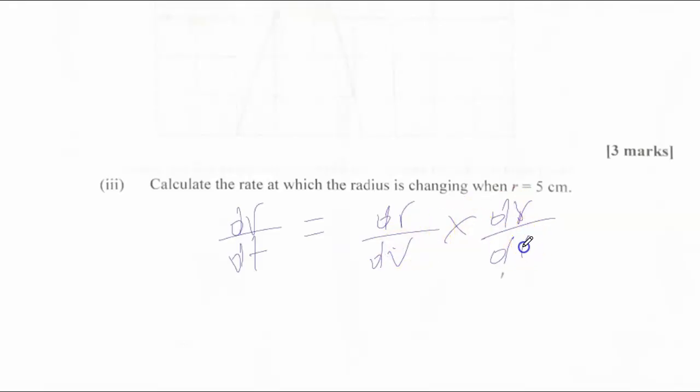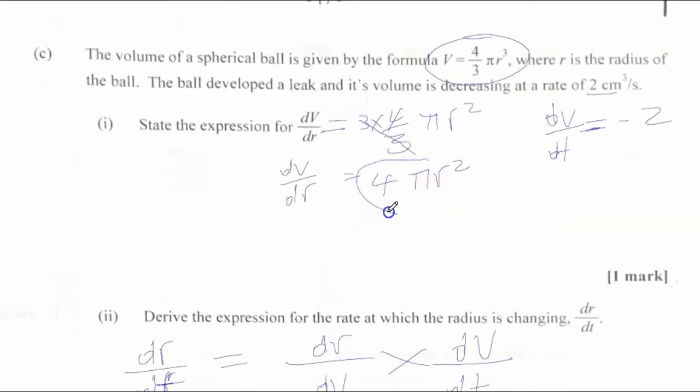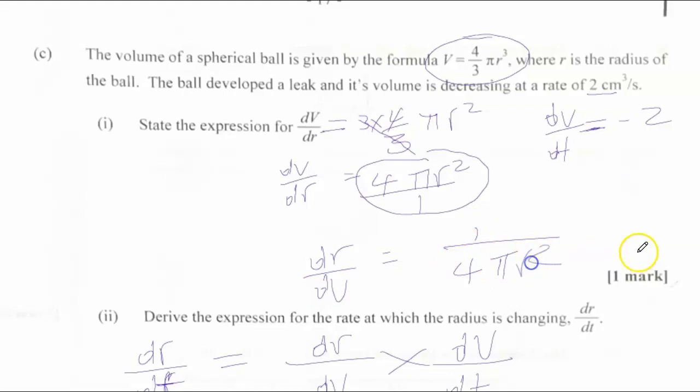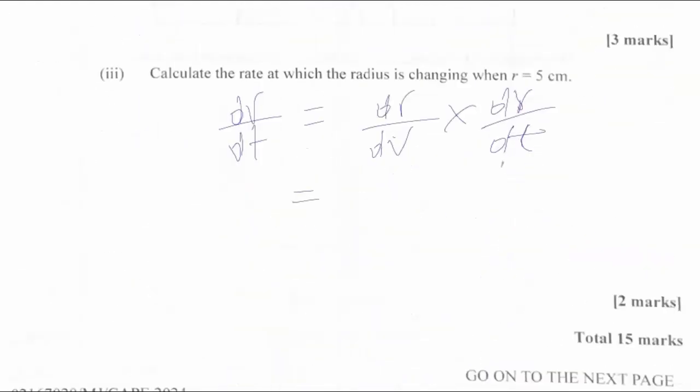So we know dV by dr is 4 pi r squared. If you reciprocate both sides, that means dr by dV is 1 over 4 pi r squared. Just flip both sides.